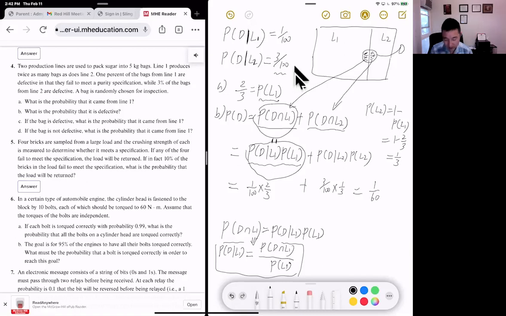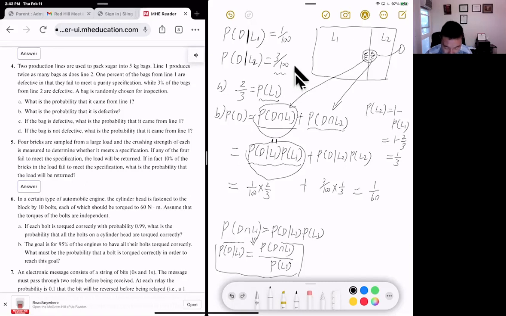This part could be a little confusing at the beginning. All right, let's continue with part C. If the bag is defective, that is another condition. We know a bag is defective, and we are asking what is the probability that it is coming from line 1.